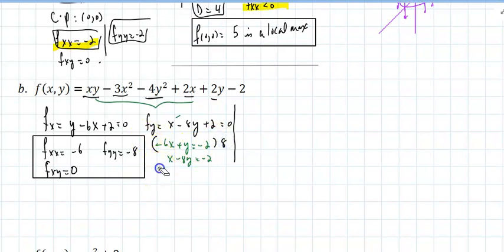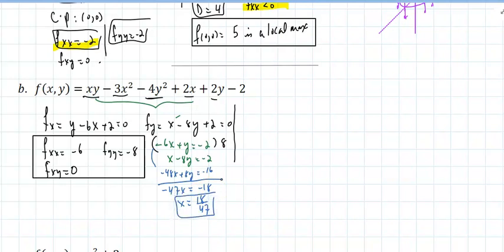Wouldn't that become -48x plus 8y equals -16? And if I add those, -47x equals -18. So x is 18 over 47, not a pleasant number.